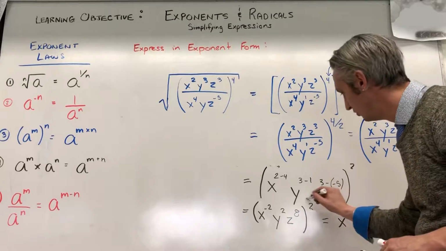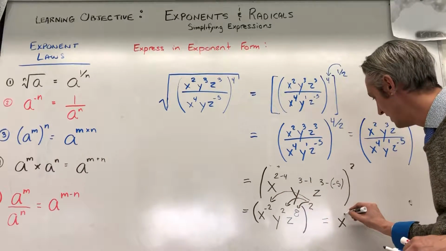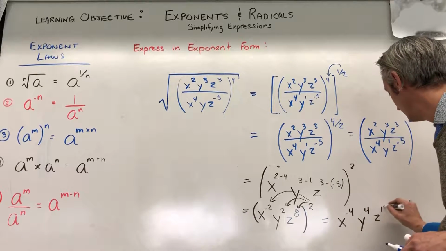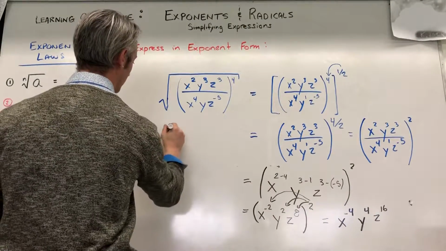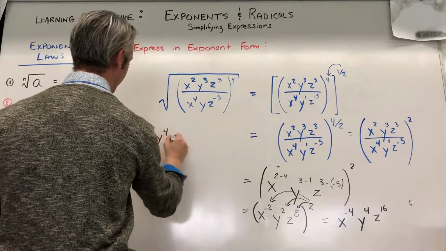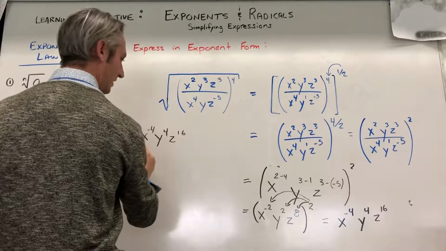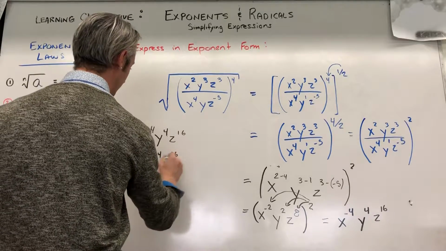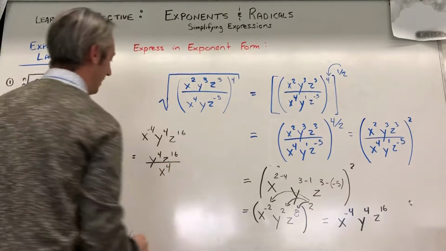Squared, that gives me, so now this 2 distributes into each one of these. So x to the negative 4, y to the 4, z to the 16. And then I can rewrite this as y to the 4, z to the 16, all over x to the 4.